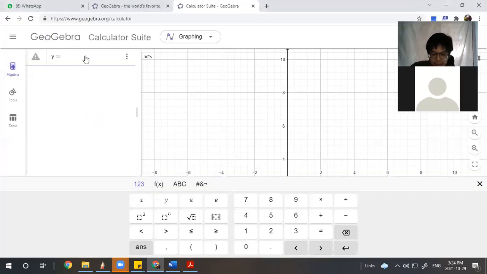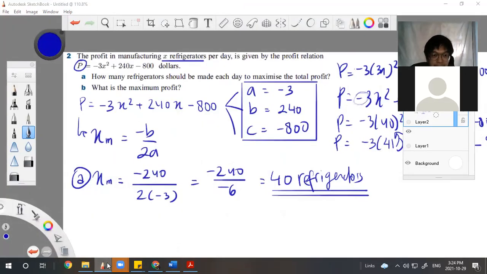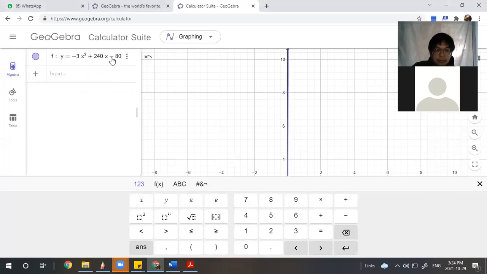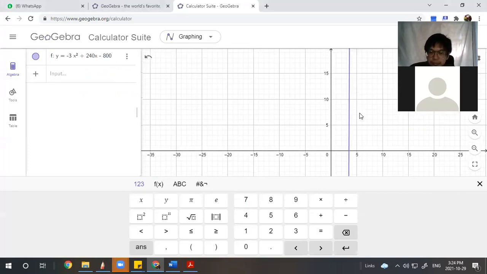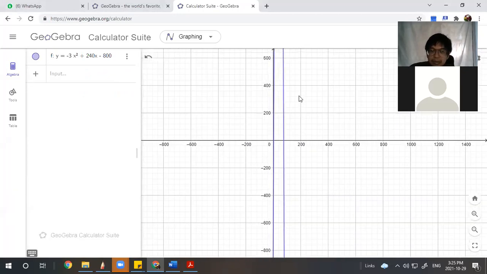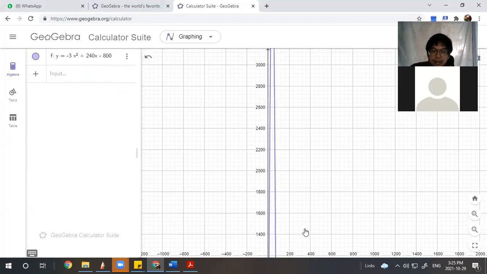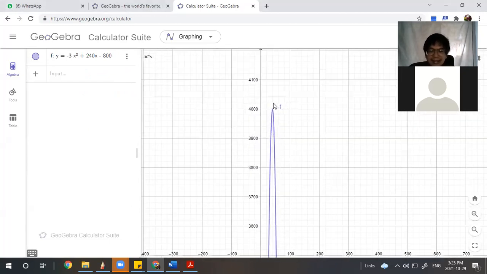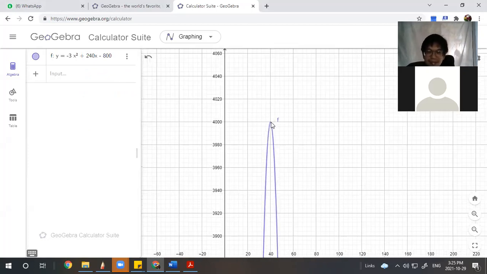Negative 3x squared plus 240x minus 800. See, the maximum profit is 4,000, with the turning point at 40 refrigerators.